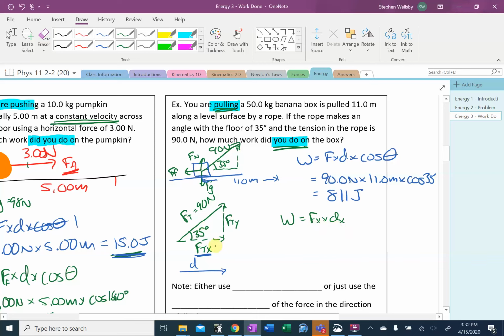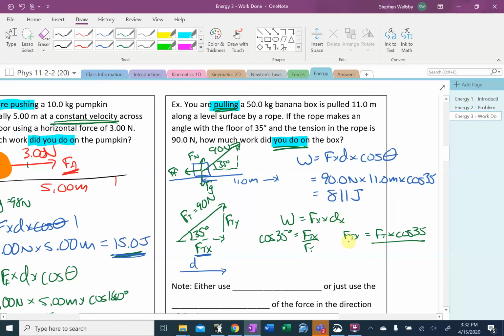I know this is the adjacent side and the hypotenuse, so we have cos 35 degrees equals FTx over FT, and that means FT in the x direction is going to be FT times cos 35. Now the distance in the x direction is just the distance, which is 11 meters.